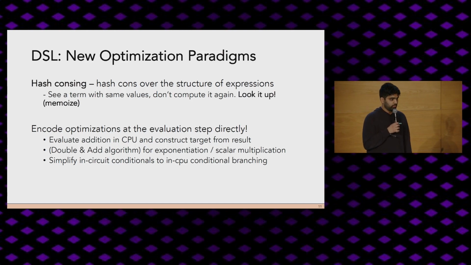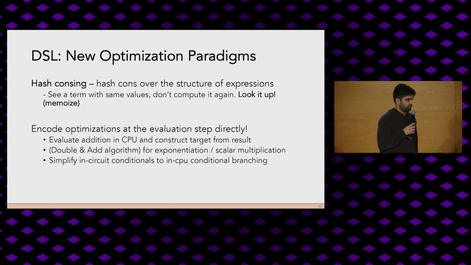The other thing that we can do is directly encode optimizations at the evaluation step. So instead of adding, let's say, two in-circuit representations together using whatever operator exists within that proof system, we can just evaluate the addition or whatever operation on the CPU and then construct the in-circuit representation from that.